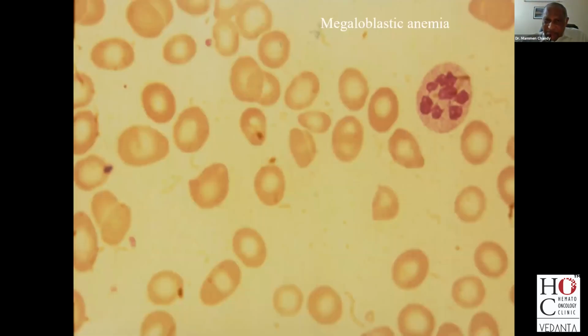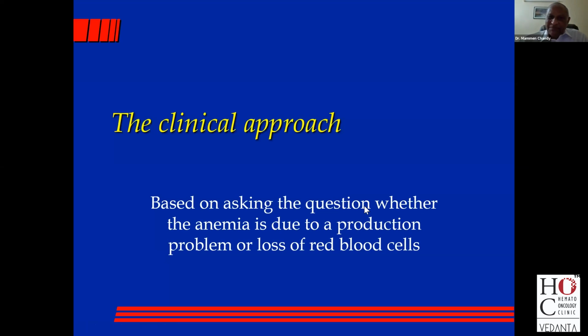This is the peripheral smear in a megaloblastic anemia, and you can see the beautiful hypersegmented neutrophil: 1, 2, 3, 4, 5, 6, 7, 8 lobes, right? So this used to be called the Arneth count, and this is a megaloblastic anemia. Somehow in B12 and folate deficiency, the megaloblasts are oval in size, oval in shape, right? So this is a classic megaloblastic anemia.